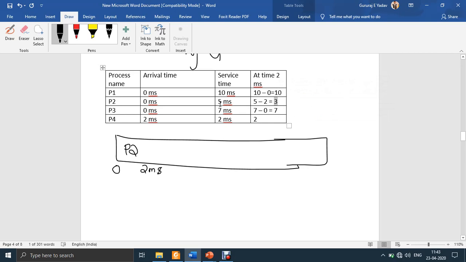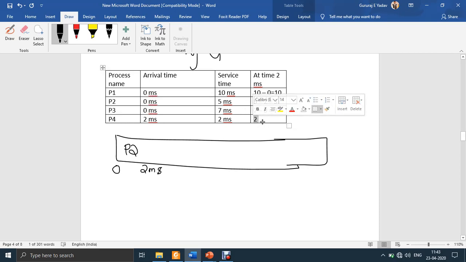P2, which required 5, now requires only 3 because it has already executed for 2 milliseconds. P3 still requires 7 milliseconds because it has not yet been given the chance. P4 requires only 2 milliseconds to complete. Comparing these, which has the minimum value? P4.